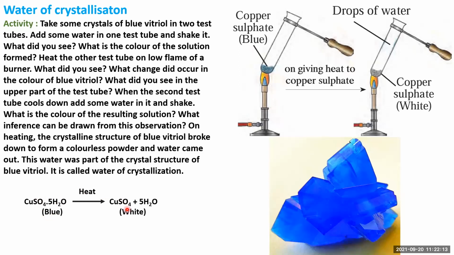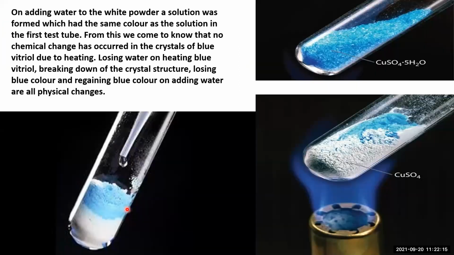As we put water in it, it becomes blue again, and as we heat the blue vitriol, it becomes white. The blue and white color is only due to the presence of water. When water is present, it looks blue, but when there is no water molecule in the structure, it looks white. This is known as water of crystallization.